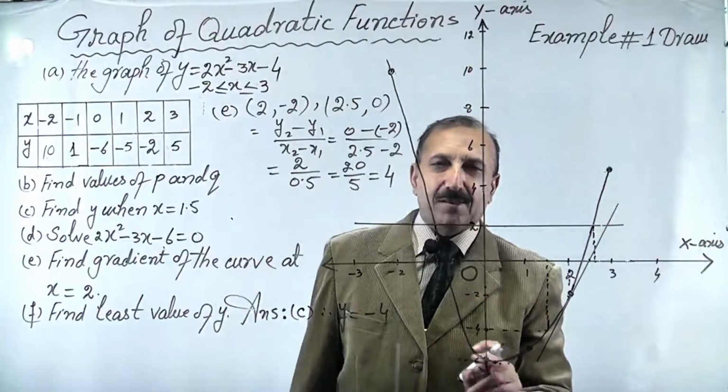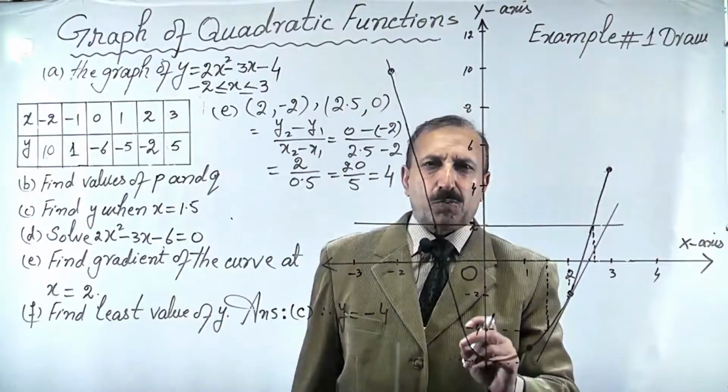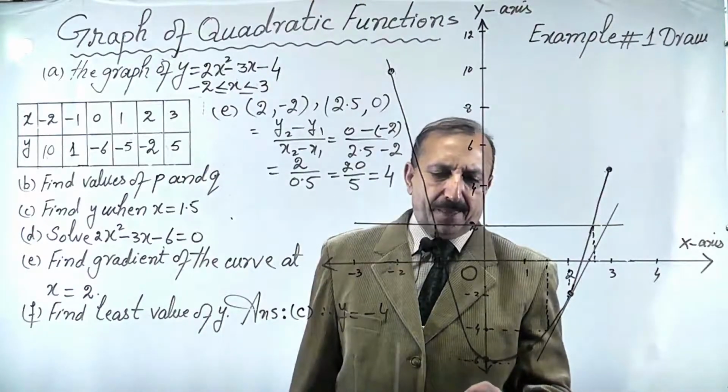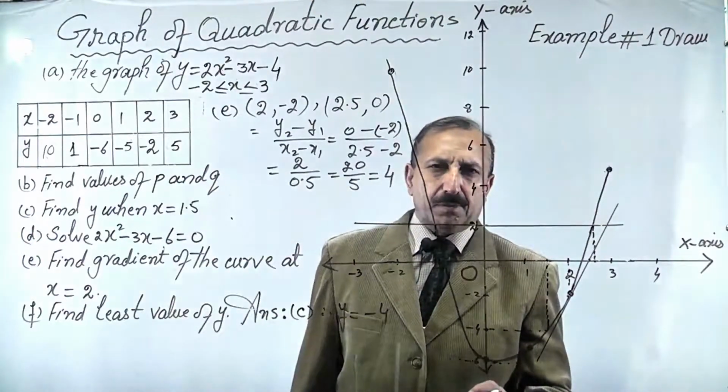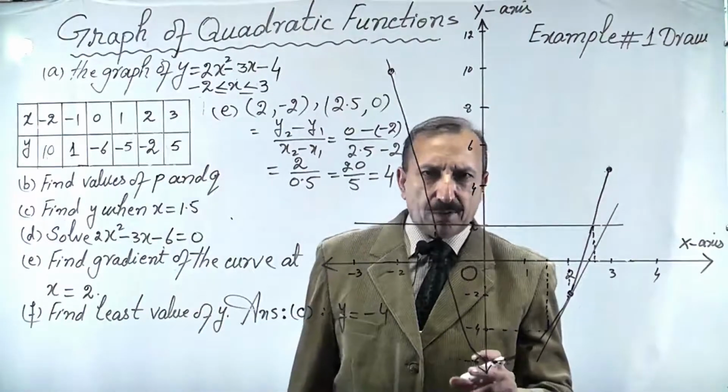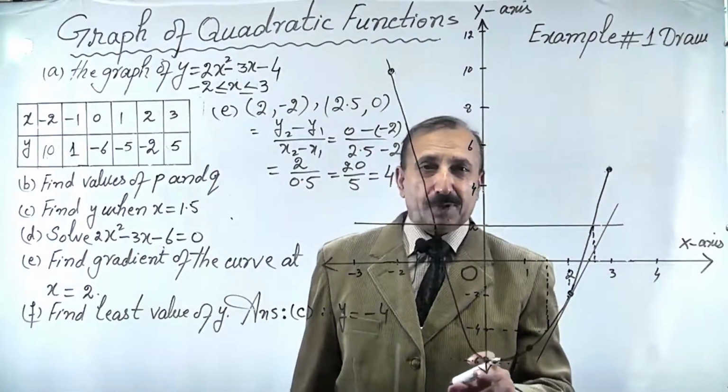So we can say this is -6.05. We can't say this is -6.1, but this is not equal to this one.